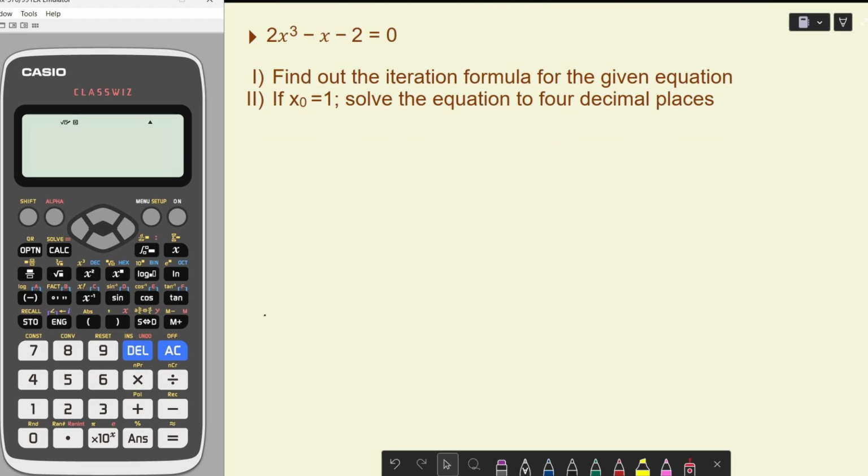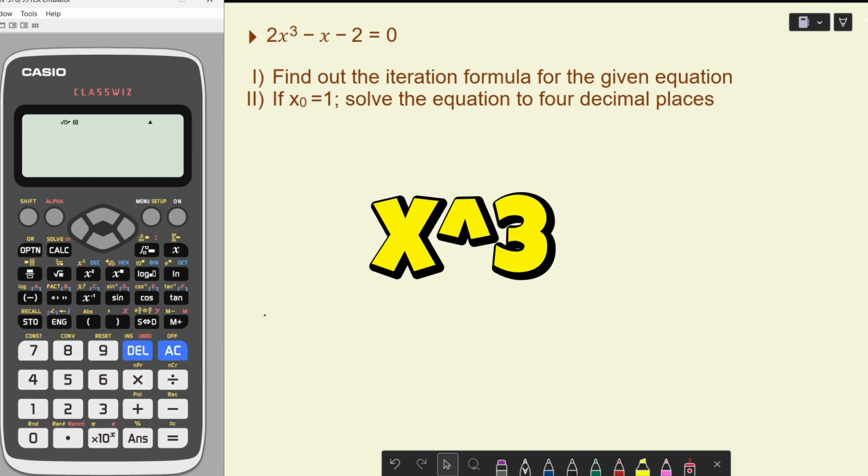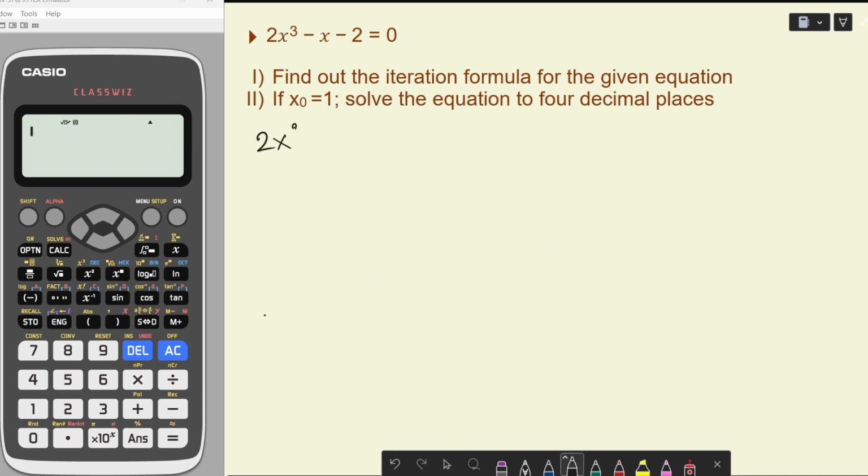The core idea is to rearrange the equation to isolate x on one side. Here we have to rearrange the formula with respect to x cubed, as its maximum power is 3. Isolate 2x cubed, divide both sides of the equation by 2.